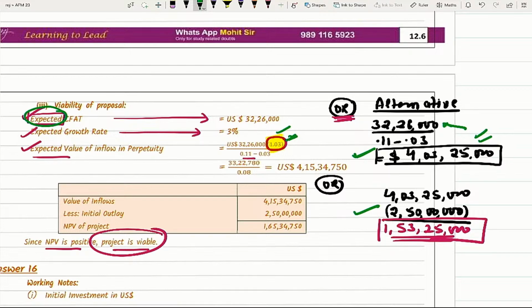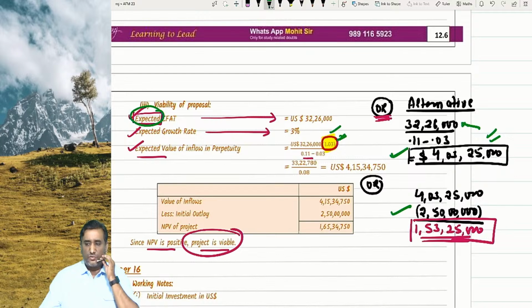Once you've done this, let me know. Just mark the third part answer so that you know what the third part answer is coming as, when you cross-check at home.